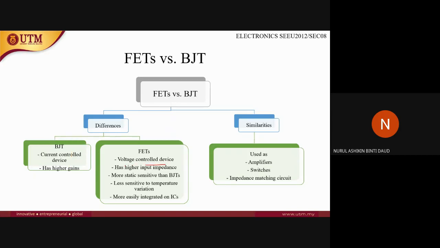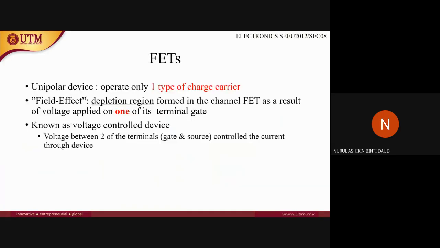Okay, so that is the main difference between FET and BJT, and both of them can be used for amplifiers, switches, and also impedance switching circuits. All right. So this is yesterday's.